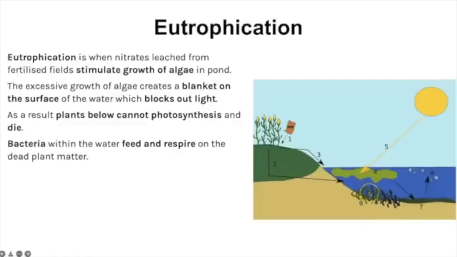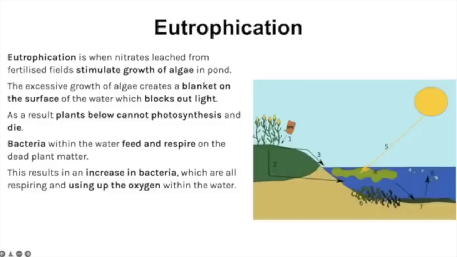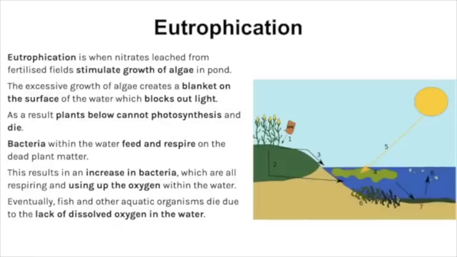Bacteria within the water will then feed and respire on the dead plant matter, and in doing that they're going to be using up the oxygen within the water, and you get more and more bacteria growing and thriving because of all that dead plant material to feed on, so even more oxygen is used up, and eventually there won't be enough dissolved oxygen within the water for animals, and animals such as fish and other aquatic organisms will therefore die because there's no oxygen for respiration.